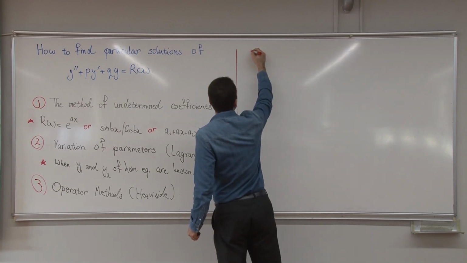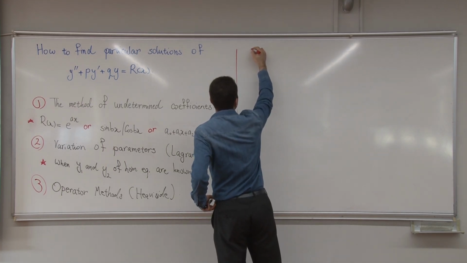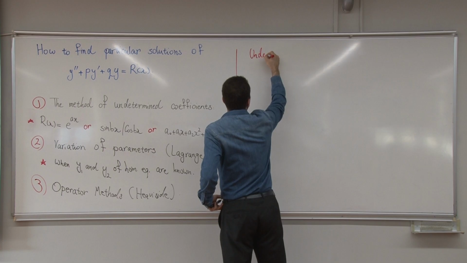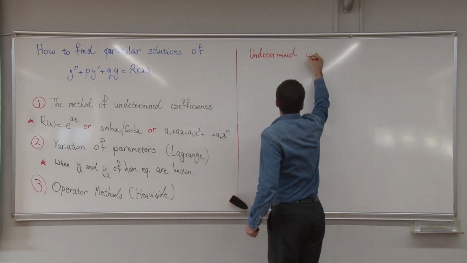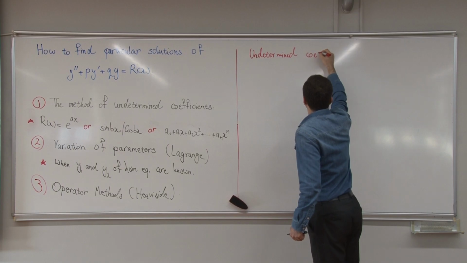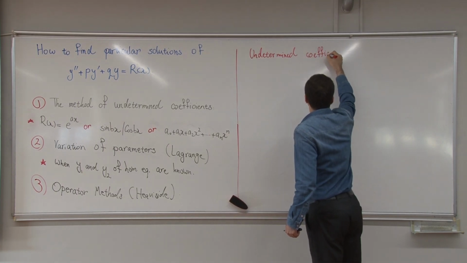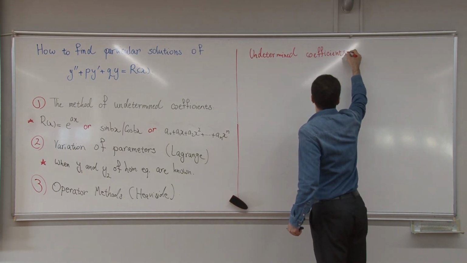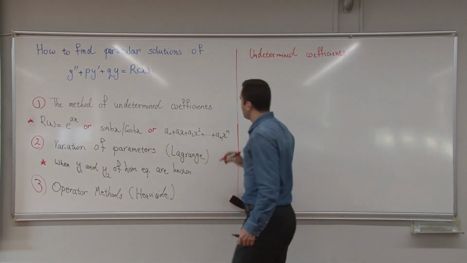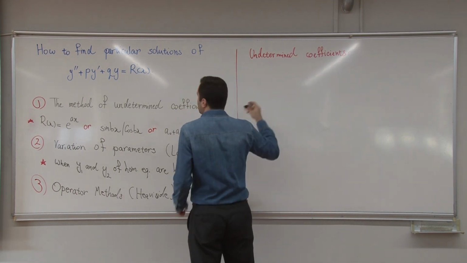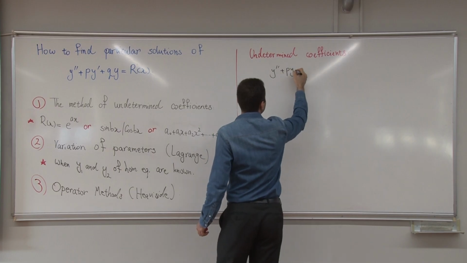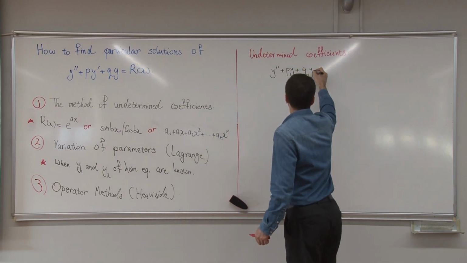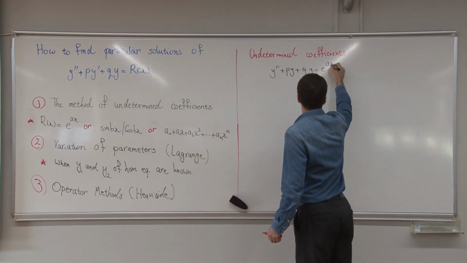So, the method of undetermined coefficients. When we have this kind of an equation, y double prime plus p y prime plus q y equal to e to the power of ax.